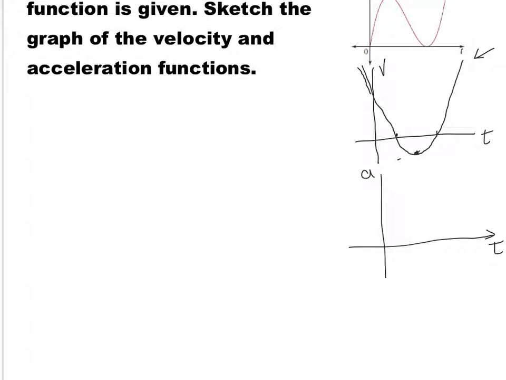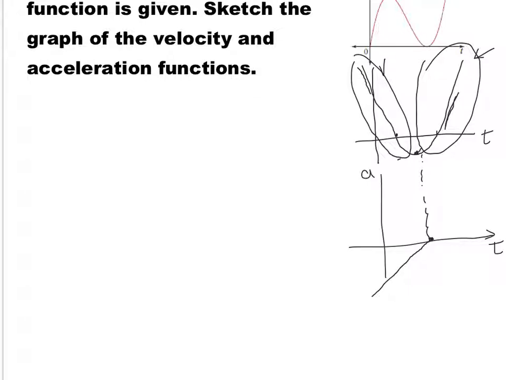So this point corresponds to this one on our acceleration graph. This part, because the slope is negative, corresponds to values of a under the t-axis, which is going to be something like this one. And this part, as you can see, the tangent is going to have a positive slope, so it's going to correspond to positive a values, which is going to be a line like this one.